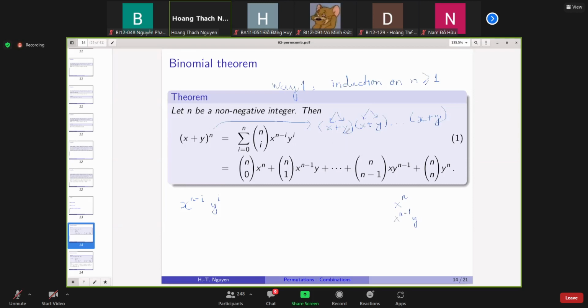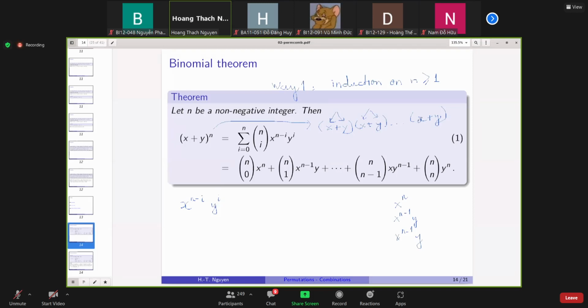But if you choose y from the first factor and x from the others, then you also have this term.